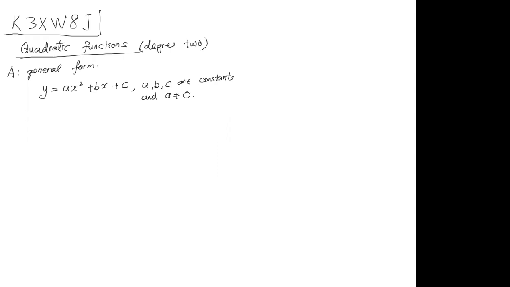Can you know the shape of the curve? Yes. So how? If a is greater than 1, it will be a smile curve, and if a is less than 1, it will be a sad curve.